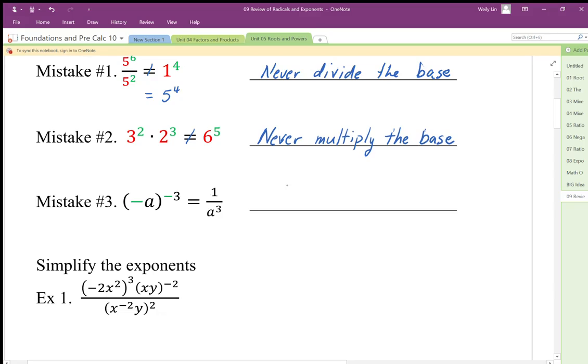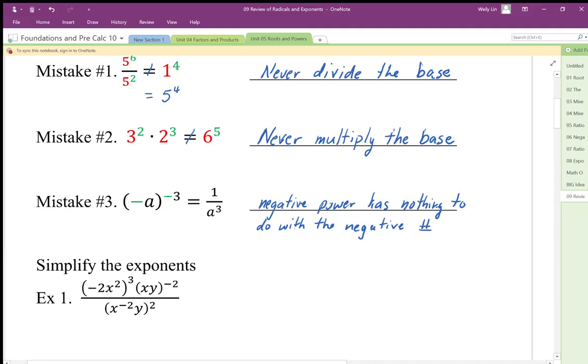So we have to make sure that the negative power has nothing to do with the negative number. Okay, so the negative power and the negative number do not mix.